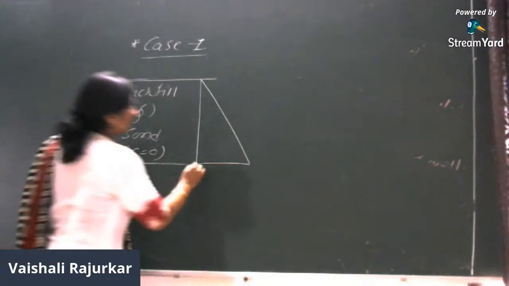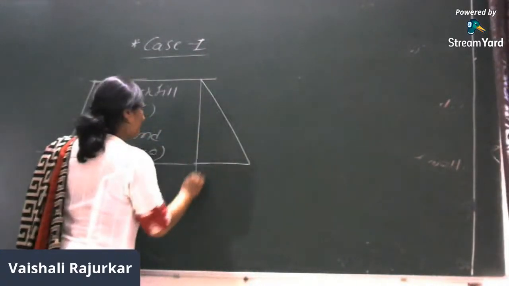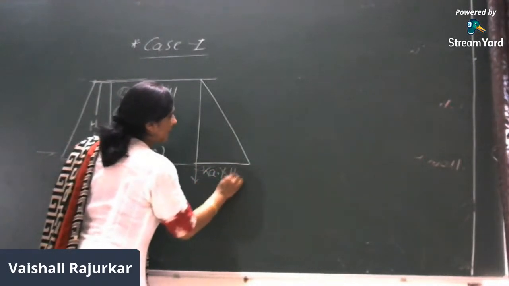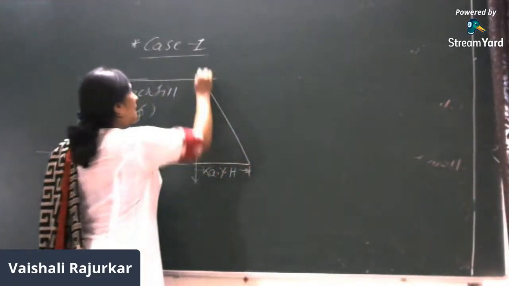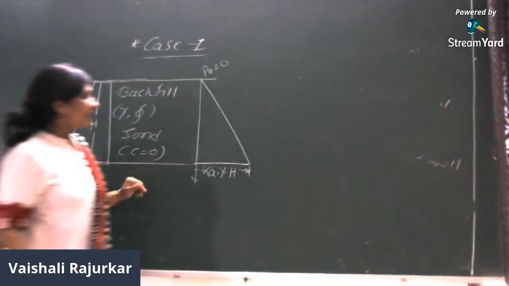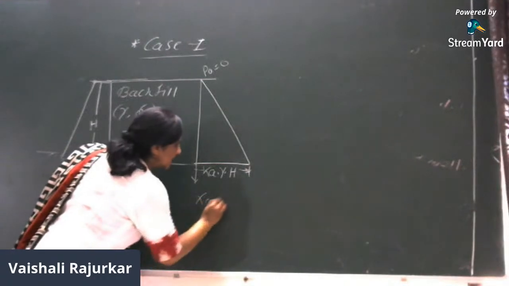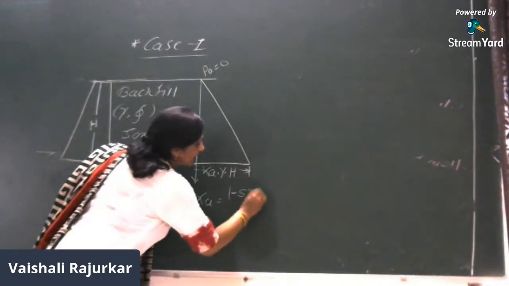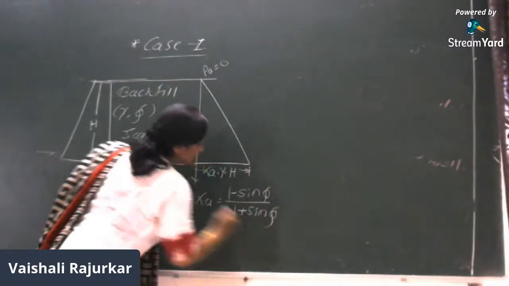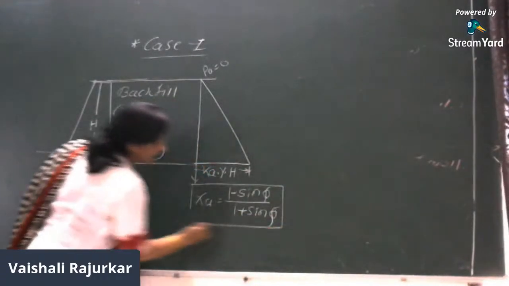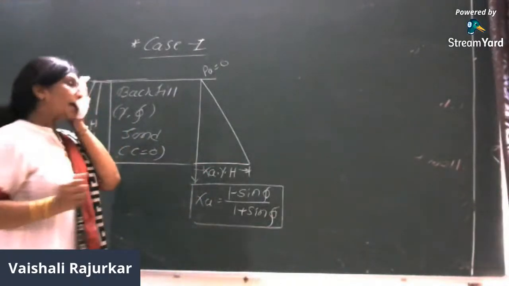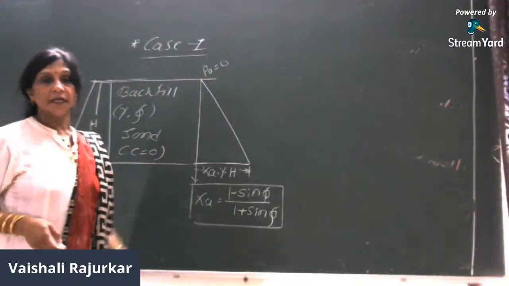So what is the bottom ordinate? It will increase with the depth. So here it will be Ka into gamma into H. Pa is 0 at the top, right? So what is Ka? Ka is 1 minus sin phi upon 1 plus sin phi. This Ka is called the coefficient of active earth pressure.